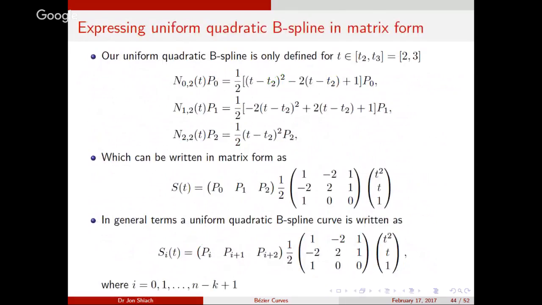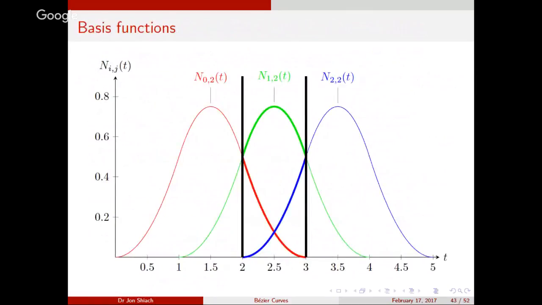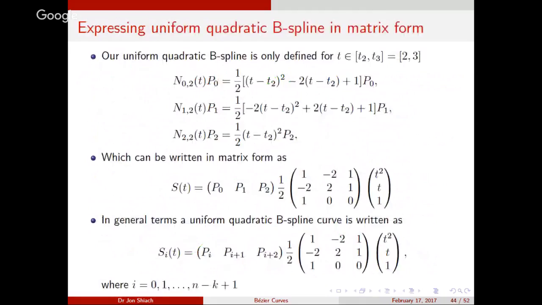Like with Bezier curves, it comes a lot easier when we specify our B-splines in terms of matrix equations. So what I've done here is I'm only concentrating on this region, where our values of t are between 2 and 3. Those are our basis functions, and if I expand each of these out, I get this matrix equation.